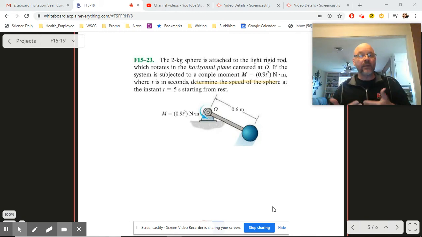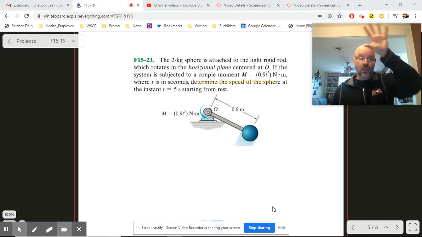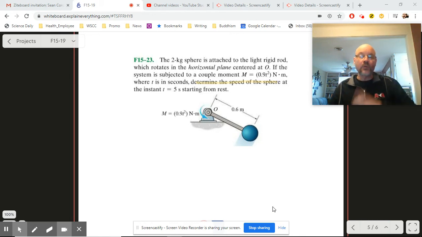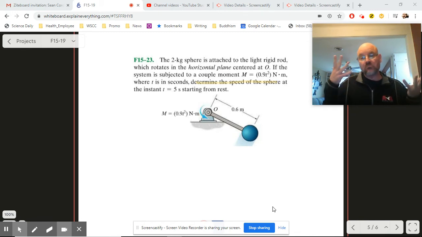So a better model would take into account the fact that not only is there a circular path, but the sphere itself is rotating as it moves along that path. In order to do that more complicated model, we have to know something about the size of the sphere, not just its mass. So we're just going to ignore all that and assume this thing is just a point going around and around. So there we have it.